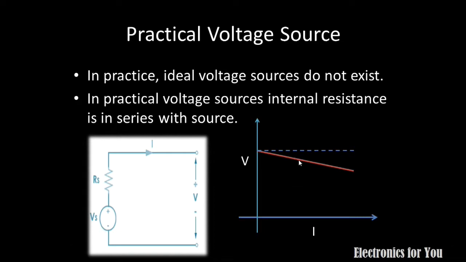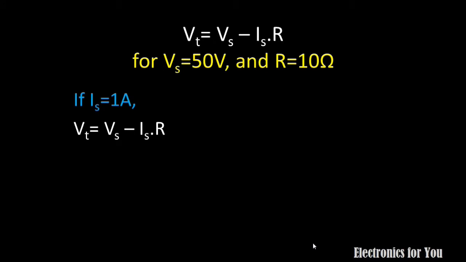So in a practical voltage source, the resistance is in series with the voltage source. And in the characteristics of a practical voltage source, as the value of I increases, the output voltage falls. It means that in a practical voltage source, the output voltage is dependent on the current. The terminal voltage Vt is equal to Vs minus Is into R. How is it calculated?